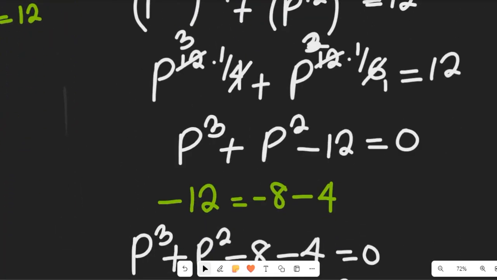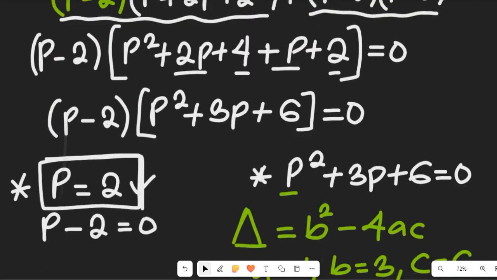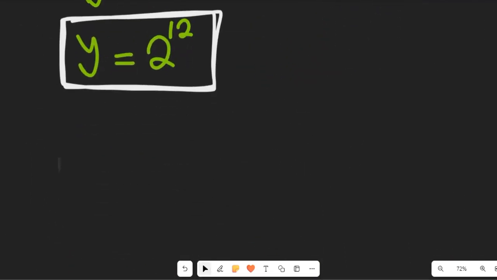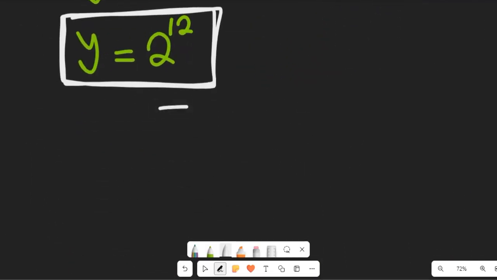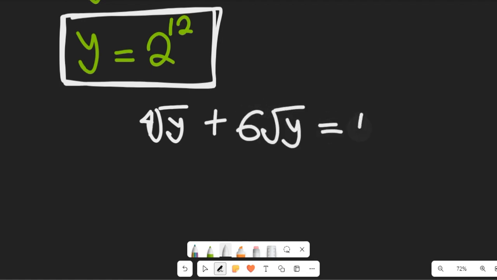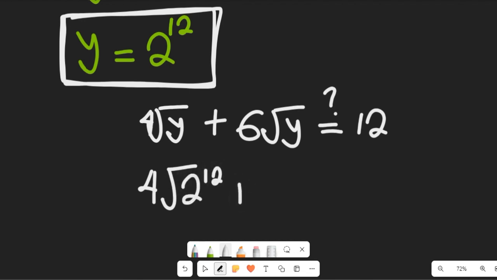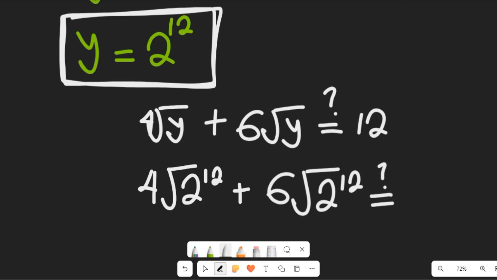Will the fourth root of y plus the sixth root of y be equal to 12? Let's check this. This will give us the fourth root of 2 to the power of 12 plus the sixth root of 2 to the power of 12. Will it be equal to 12?